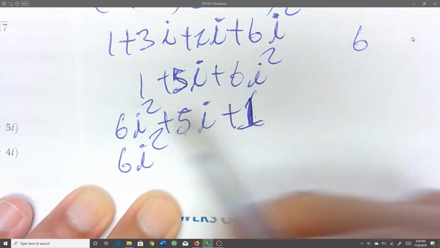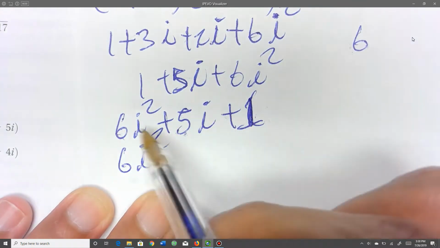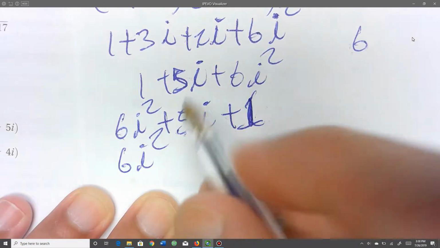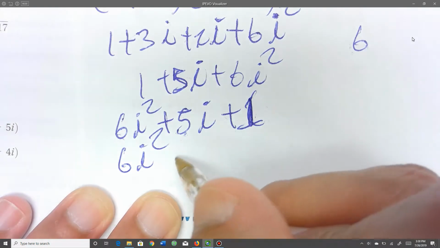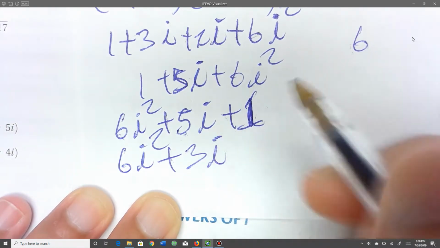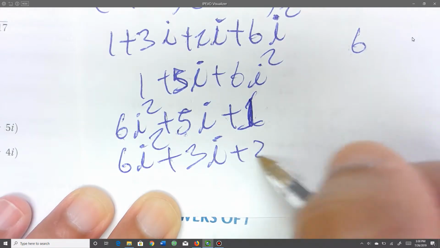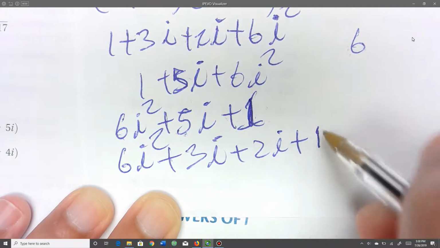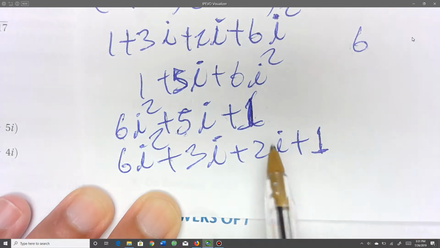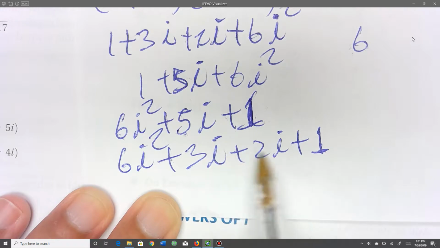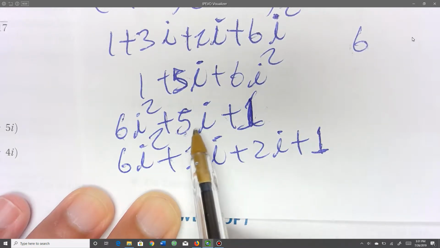Whenever you're using the AC method, you split up the middle term as plus 3i plus 2i. Then just write the last term here, and you still have your same expression, except you split up the middle term. If you add them up, you still get the middle term.